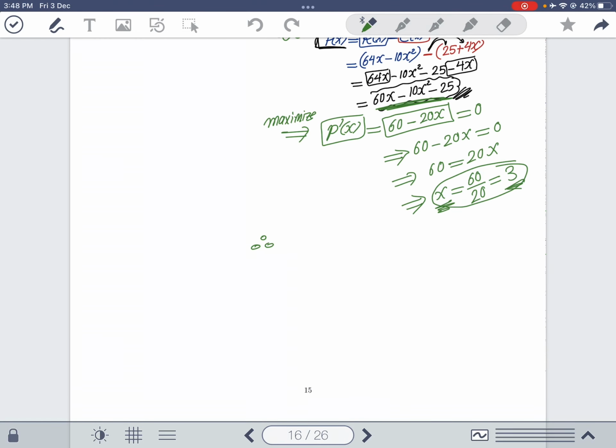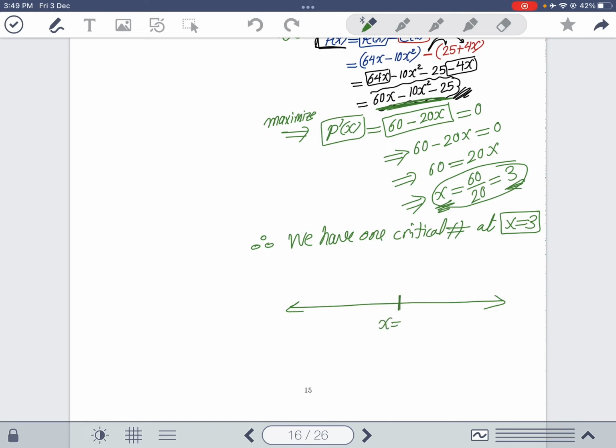Therefore, we have one critical number for this function. One critical number at x equal 3. And we want to know if this is a local maximum or minimum. One way to do it is by looking at the sign of the derivative. So you'll say put x equal 3 here and check.